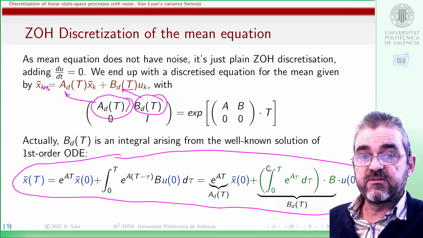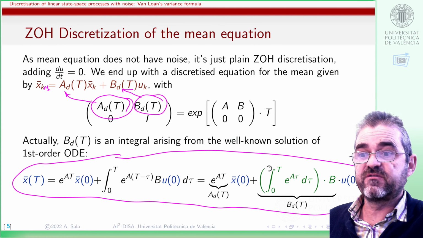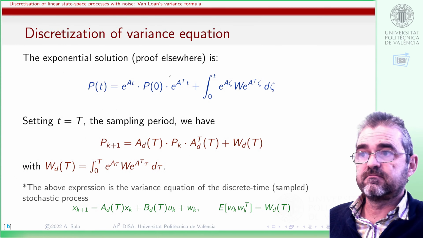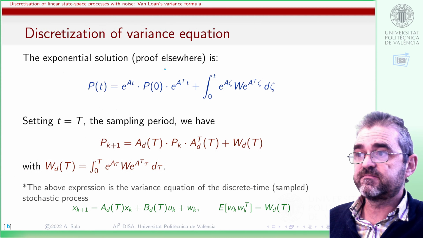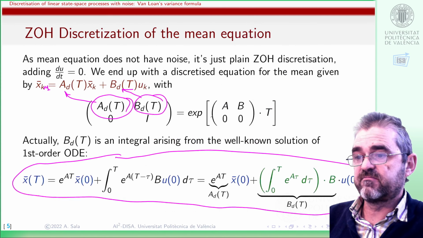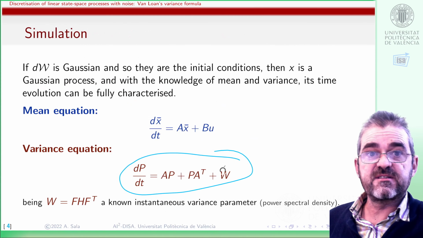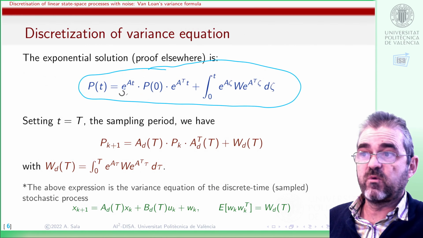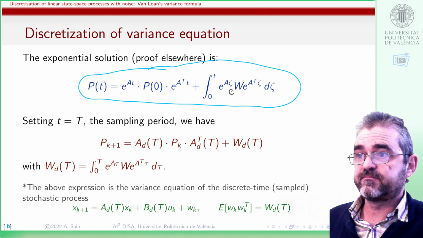What we wish now is to derive similar expressions for the variance accumulation. Let's go. In other materials, we can prove that the solution of the variance equation, the solution of this matrix differential equation, is the one highlighted here.